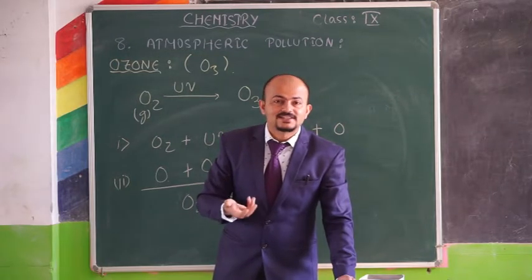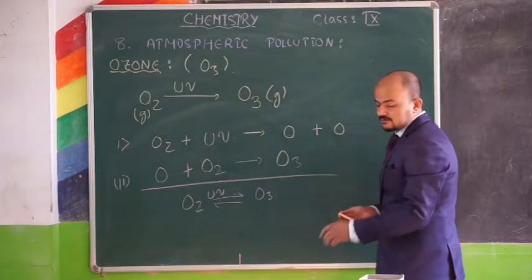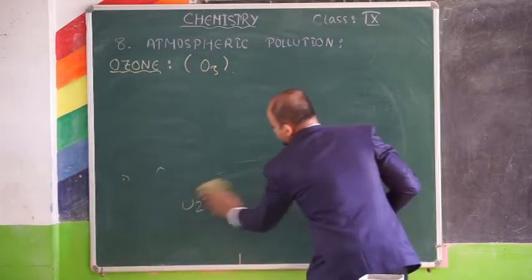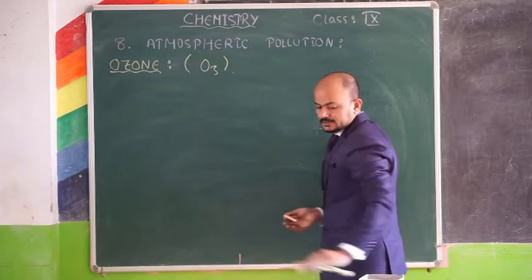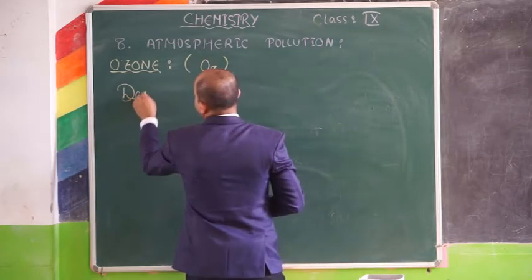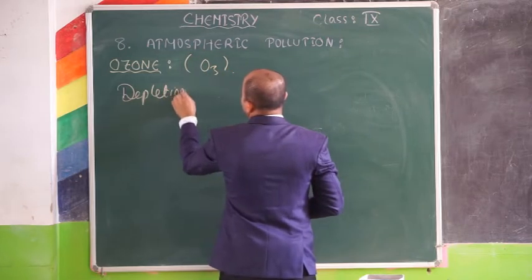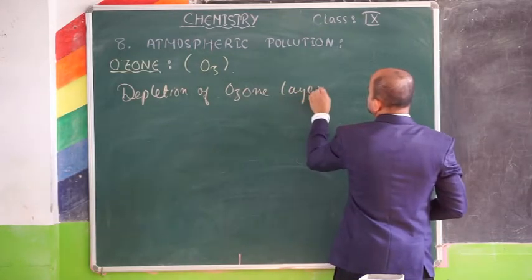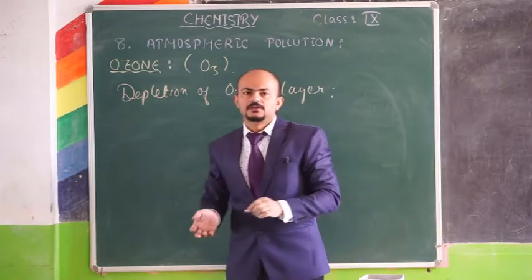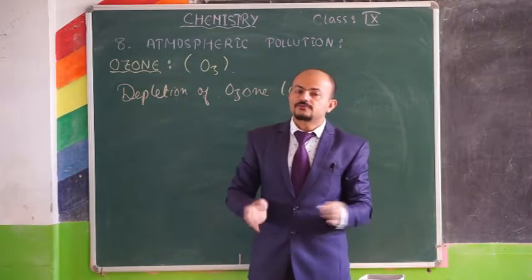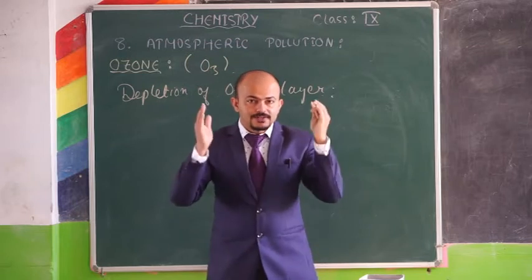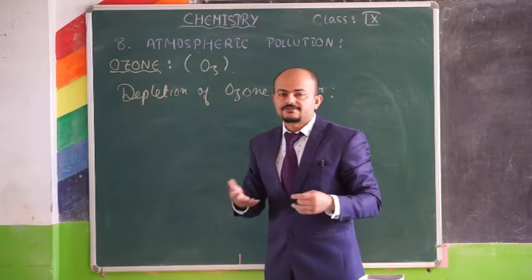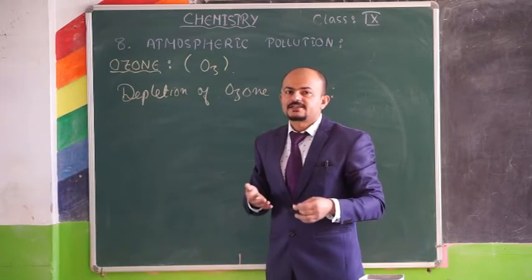So what causes this depletion of the ozone layer? Let's discuss the depletion of the ozone layer. I told you just now, the formation of oxygen from ozone and of ozone from oxygen are always in equilibrium. Whenever this equilibrium gets disturbed, that causes depletion of the ozone layer. Now, what are the factors responsible for affecting this equilibrium?